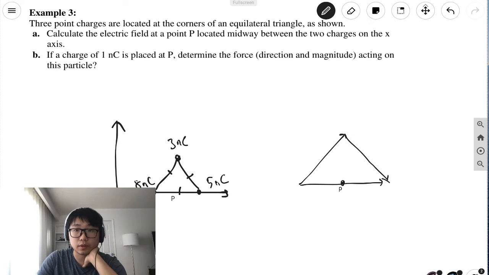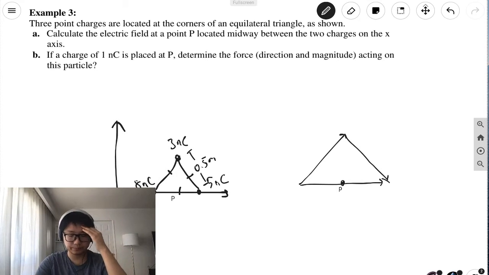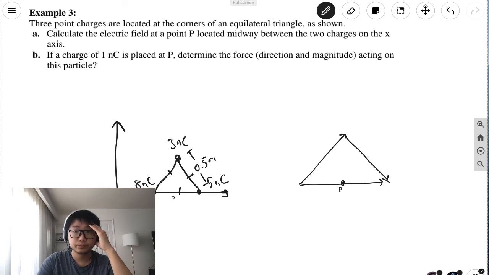Kind of important information there. I'll give you the distance as well. It'll be 0.5 meters. Equilateral means all of the sides are the same. So go off that.